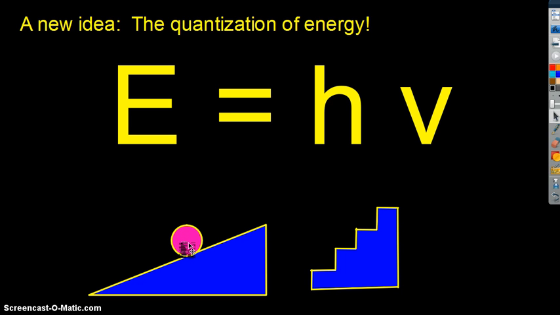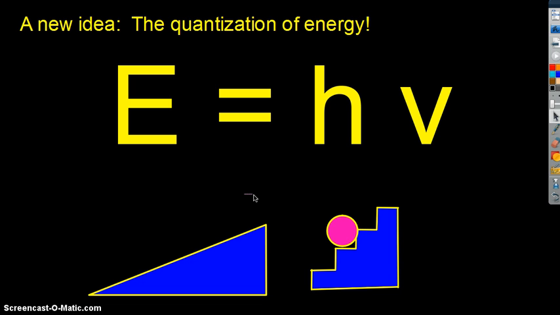What Planck realized is that maybe energy couldn't exist in any value, that it could only exist in certain values. So the ball could be at the top or the bottom of the hill, or the ball could exist on different steps, but it could not exist anywhere in between. So for example, the ball can't be halfway between these two steps. It has to be on one step or another step.